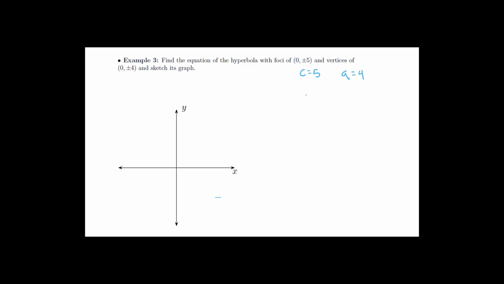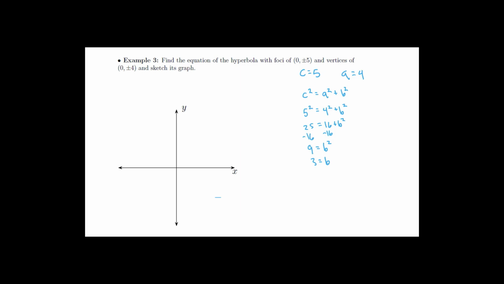And so, since we know that c squared is equal to a squared plus b squared, and we know c is 5 and a is 4, we can solve for b. So 25 equals 16 plus b squared. So 9 is equal to b squared, so that means b is 3.